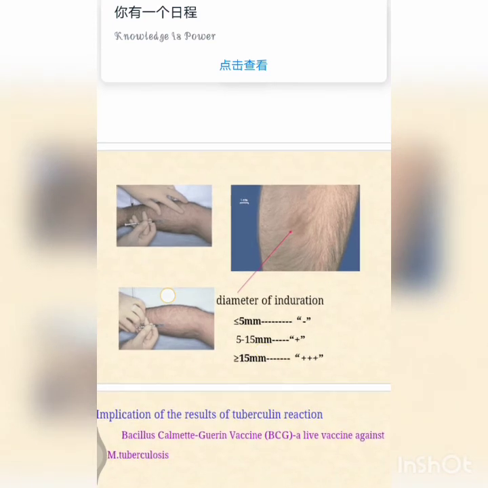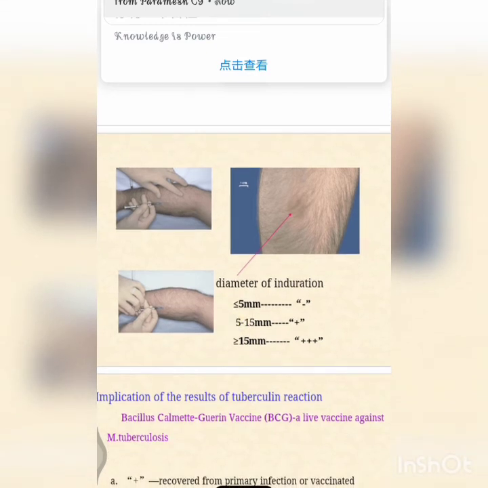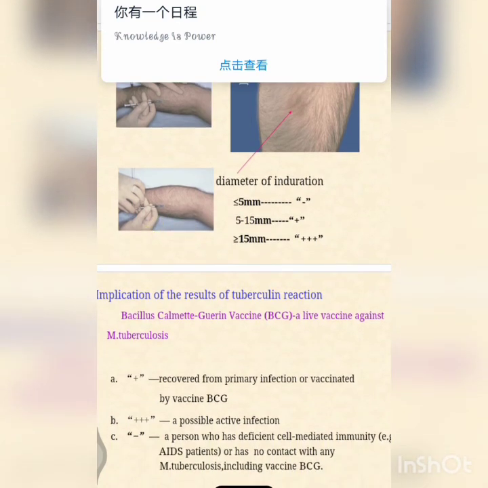Why are we saying this? Because when we give this tuberculin, whenever our body is already infected with tuberculosis, it gives redness around it. If we find redness of 5 to 15 millimeters then it is positive, and if it is greater than 15, we can say it confirms the patient is already infected with tuberculosis.